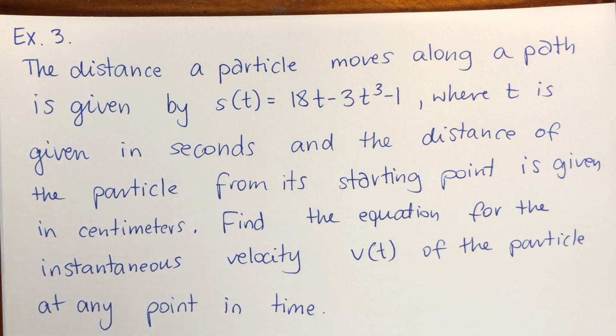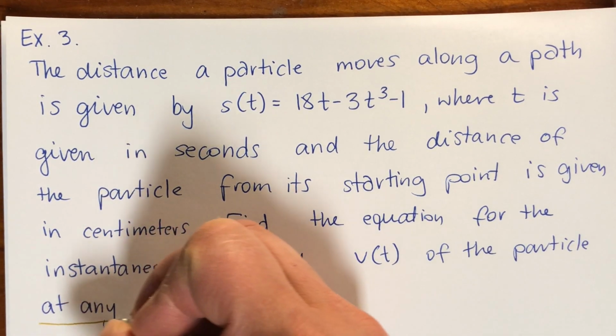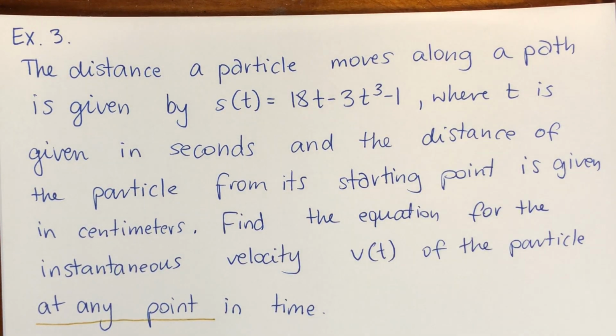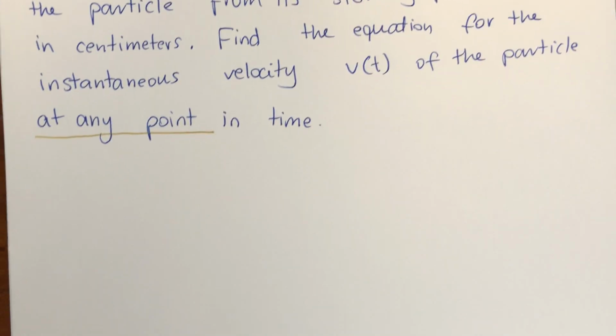Where t is given in seconds and the distance of a particle from its starting point is given in centimeters. Find the equation for the instantaneous velocity of the particle at any point. Okay, so we want it at any point, so we will have some kind of equation as our answer.